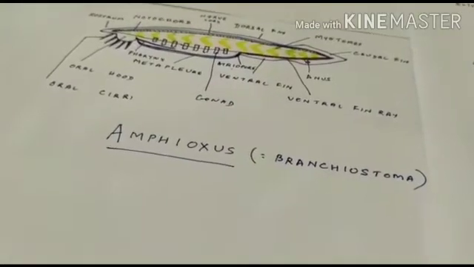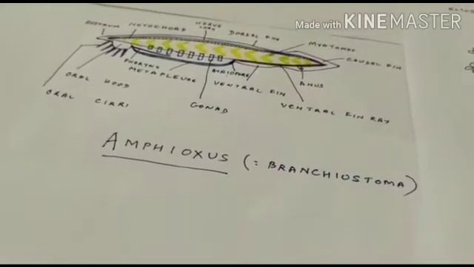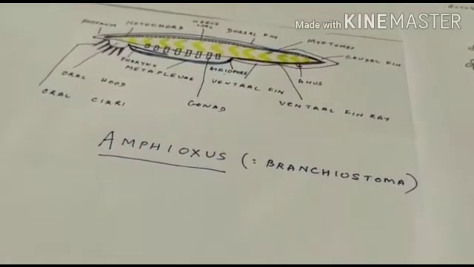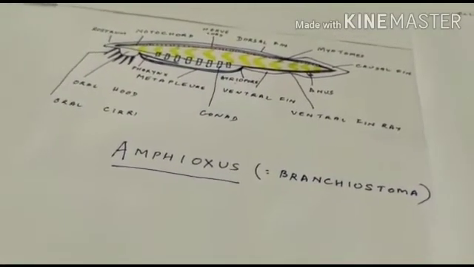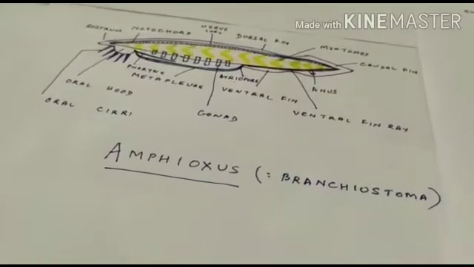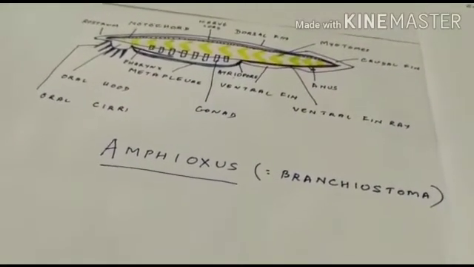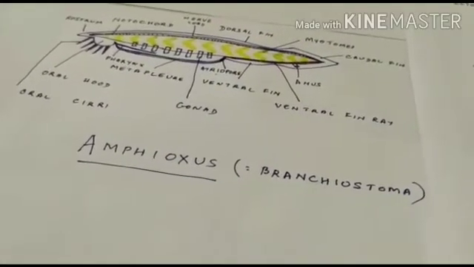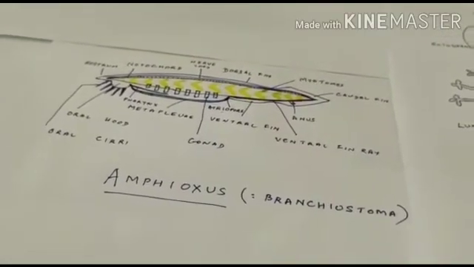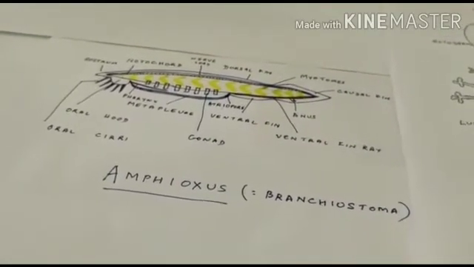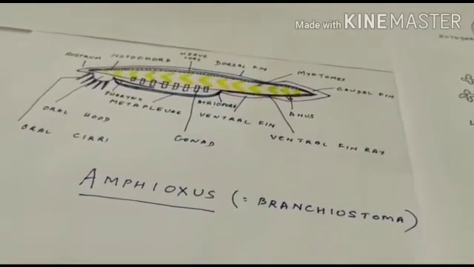So in case of the cephalochordates, you find that they share certain features which are primitive, or certain primitive features are present within the cephalochordates. One is the presence of a notochord, but usually the notochord forms a bony casing or cover around the nerve cord.